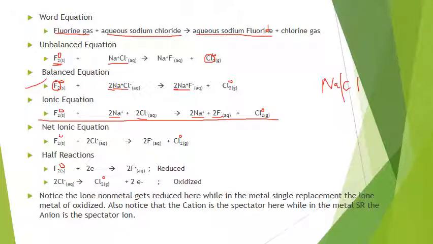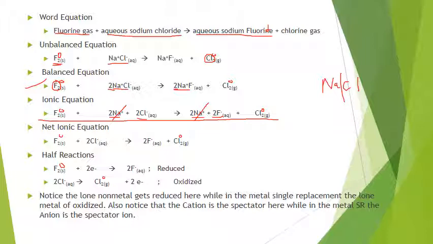All right, the net ionic equation is getting rid of the spectator. In this case, the spectator is the positive ion. Okay, for the metal single replacement, it was the negative ion that was the spectator. All right, so we end up with fluorine plus chlorine.